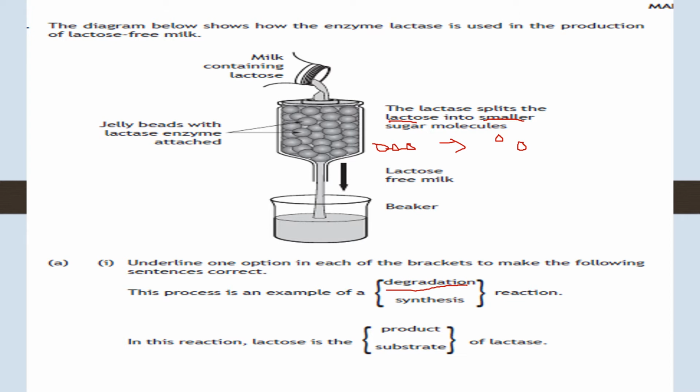And in this reaction, it's lactose that's broken down, so it's going to have to be the substrate, because remember the substrate is at the start. So if you managed to get that all correct, well done. If you didn't manage to get that all correct, then you need to go back and watch video 8 again.